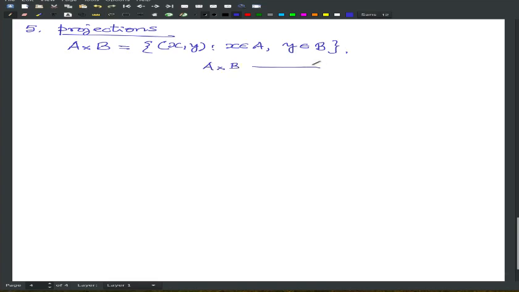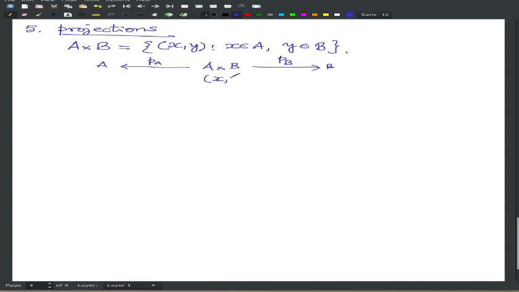They are called product projections. What does it do? It takes this pair; the second projection projects it to y, and this one projects it to the first x, which is the first quadrant.